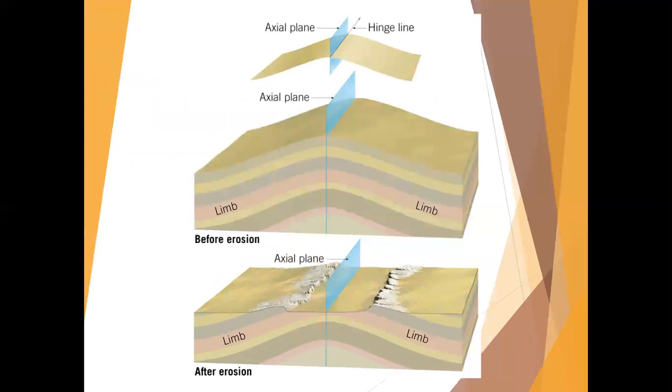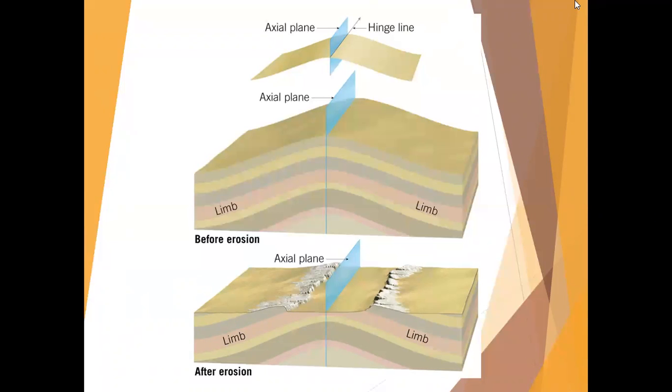Now here you can see at the top, the axial plane and the hinge line, what it looked like before erosion, and what it looks like after erosion. So we've eroded away the top of our mountain here. We've eroded away the top of the mountain or the hill here.